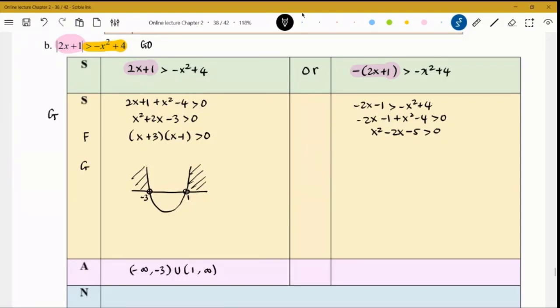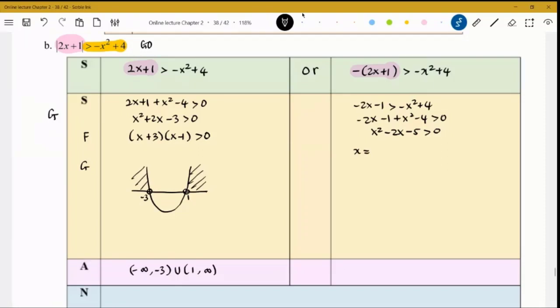Banyak desimal. Okay. Ya. Kalau yang ini, kalau kita jumpa jawapan untuk factorization adalah decimal ataupun third, kamu perlu tunjuk method yang ini by using formula.